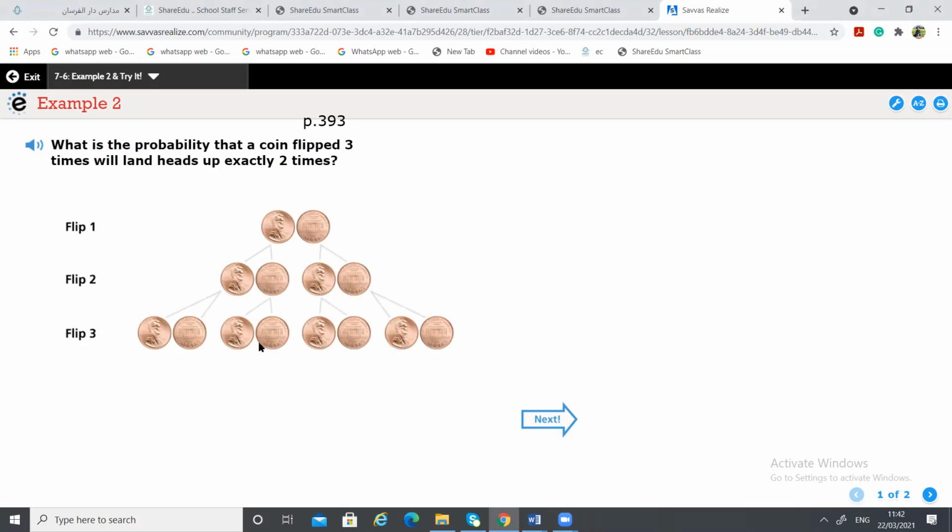These are the outcomes you have. How many outcomes, girls? Finally, you have 1, 2, 3, 4, 5, 6, 7, 8. You have 8 outcomes, and they ask you for 2 heads. Girls, in which flip do you see 2 heads together? Is there any flip where you see 2 heads together?